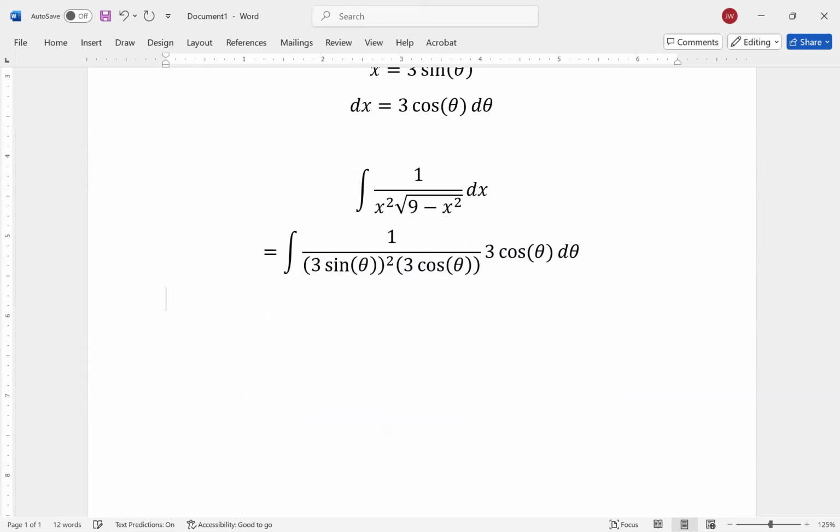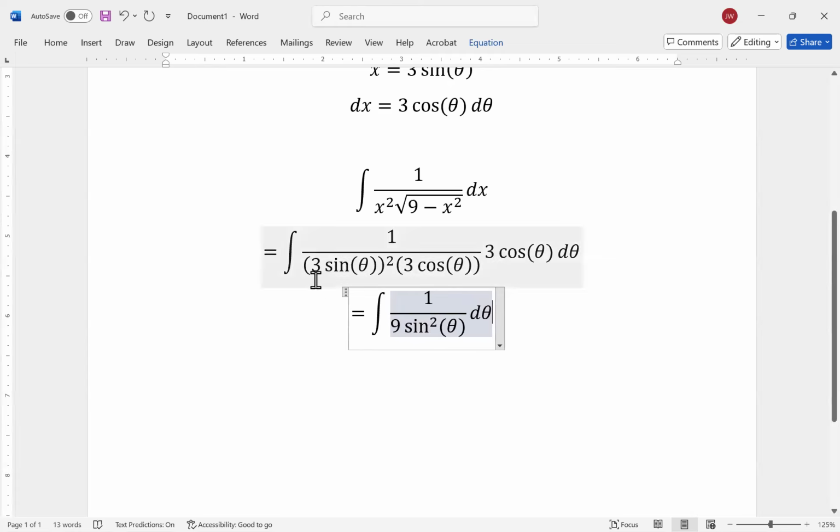And therefore, with that canceling out, what we get is 1 over 9 times sine squared of theta d theta.